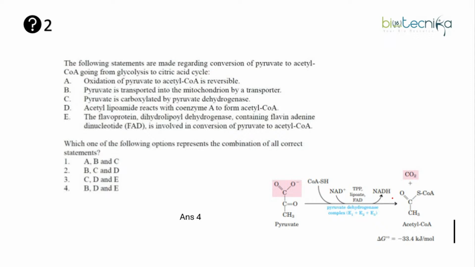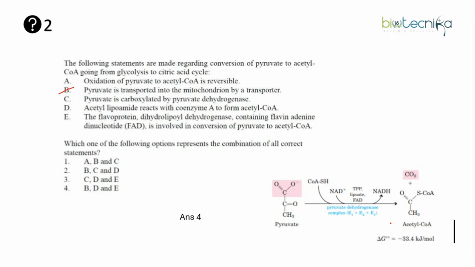So this is an oxidative decarboxylation. So therefore, B is correct. Okay. Now, oxidation of pyruvate to acetyl CoA and CO2 is an irreversible oxidation process.